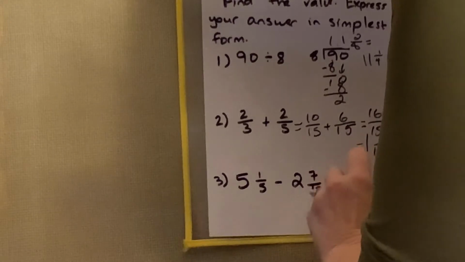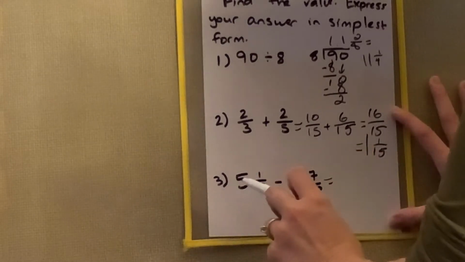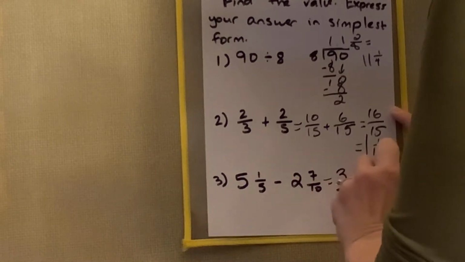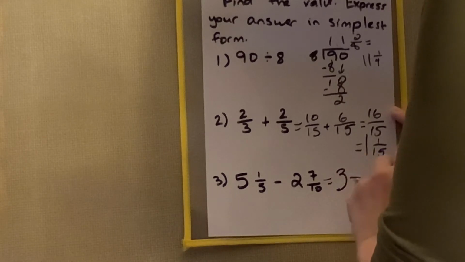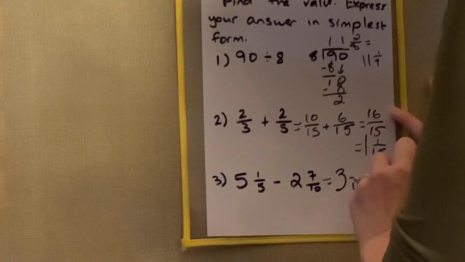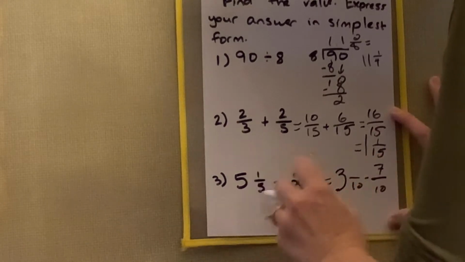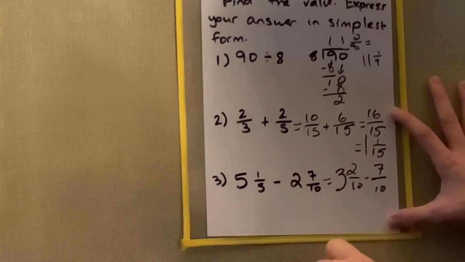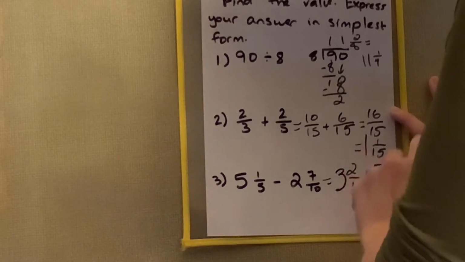Subtraction of mixed numbers. Remember, we're always starting with the whole number. So 5 minus 2 is 3. Then we want to find a common denominator, which is 10. So 7/10 stays the same, but 1/5 becomes 2/10, which we can't subtract.